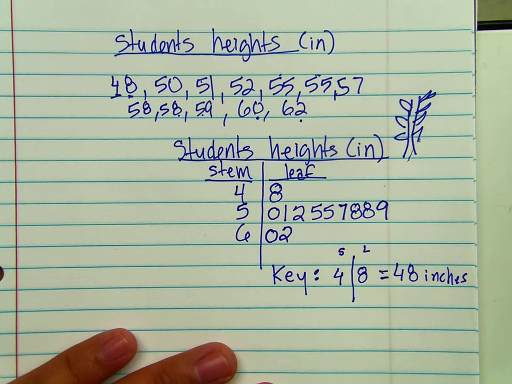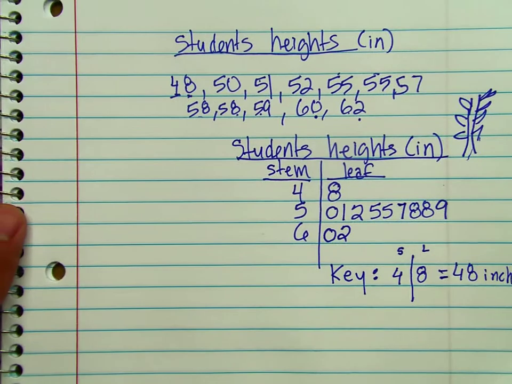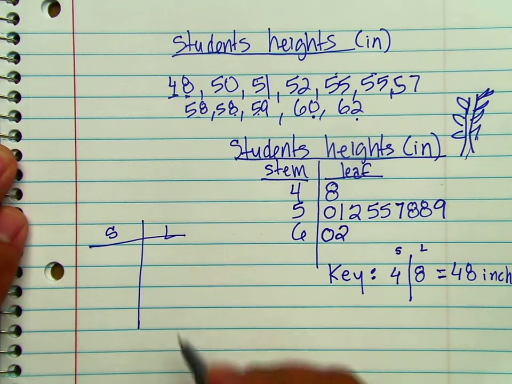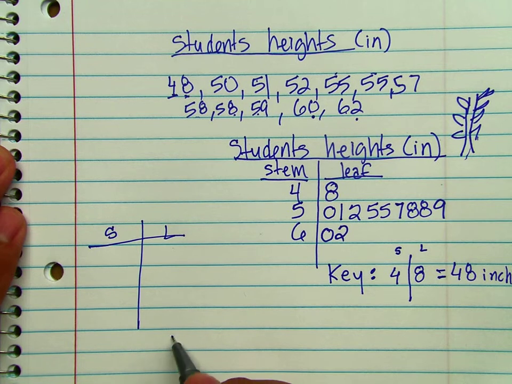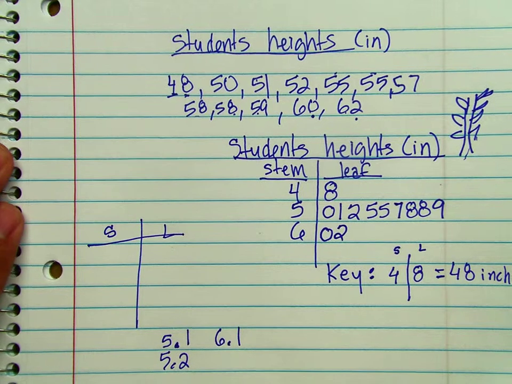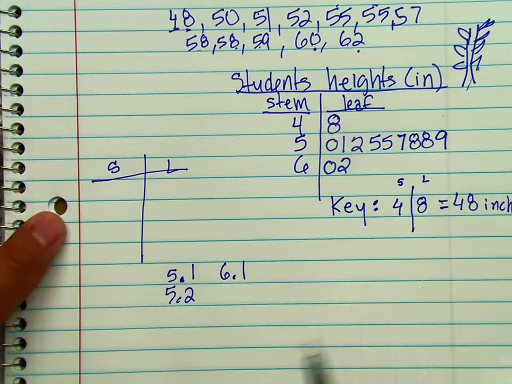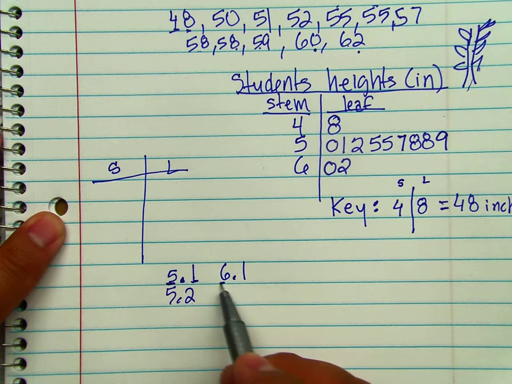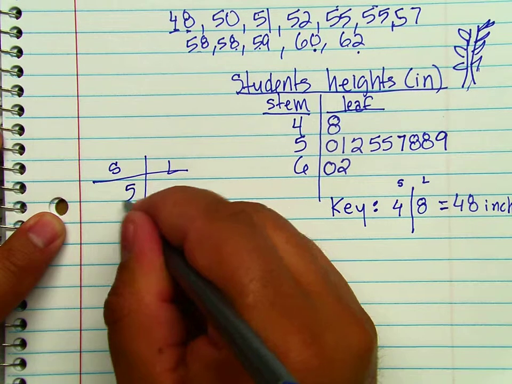A couple of examples that you might see for stem and leaf plots. Let's say you have a stem and leaf here, and let's say we have numbers with decimals, 5.1, 5.2, 6.1. Those can be split up in the stem and leaf by whole number and decimals. So the whole numbers, right?